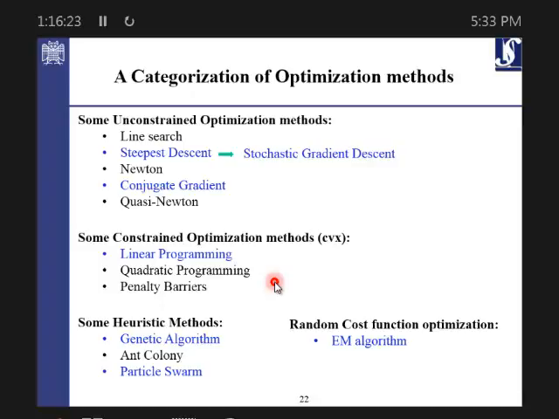What is a plateau? Let me draw it here. Assume that your cost function looks like this. That's your cost function. Then you start from some point, and assume everything is asymptotically convex. You start from some point here.